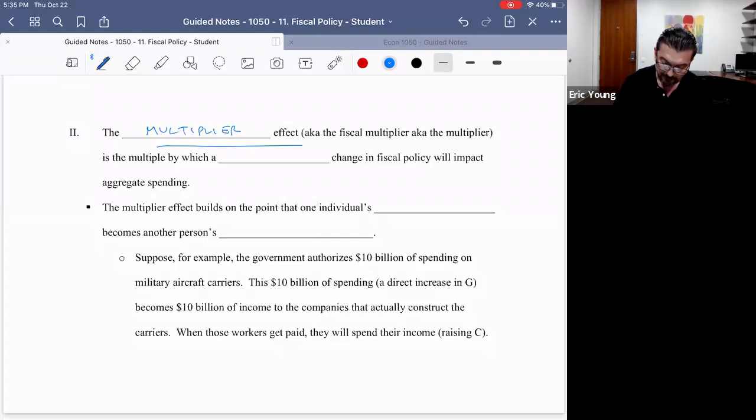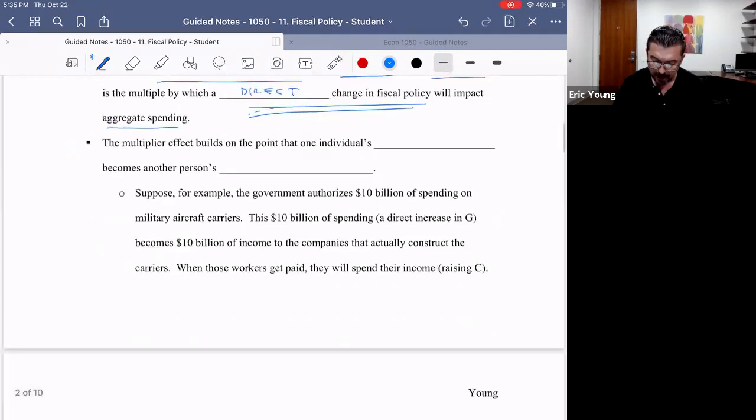Okay, the multiplier effect, which is also known by the term the fiscal multiplier, or the jargony way, just the multiplier. This refers to the multiple by which a direct change in fiscal policy, meaning a direct change in G or in taxes, will affect overall total aggregate spending.